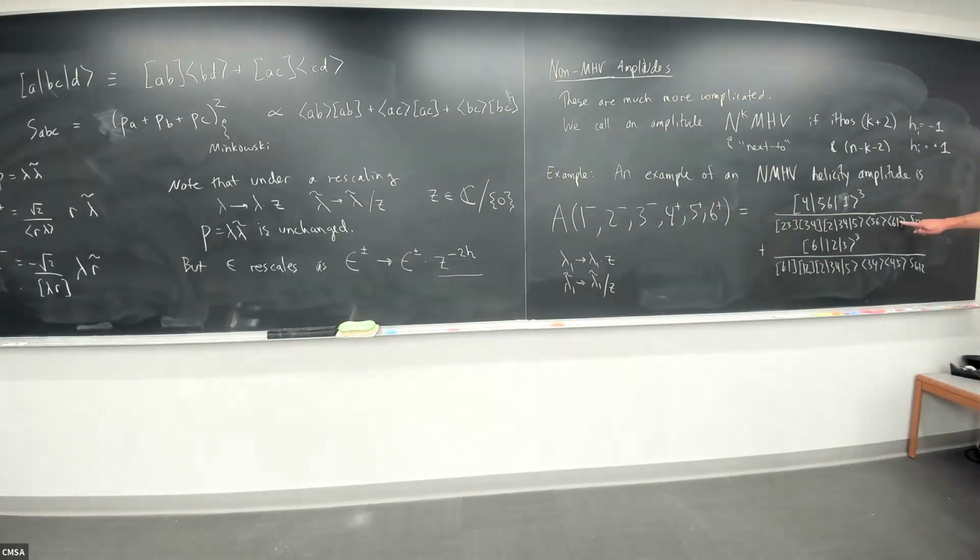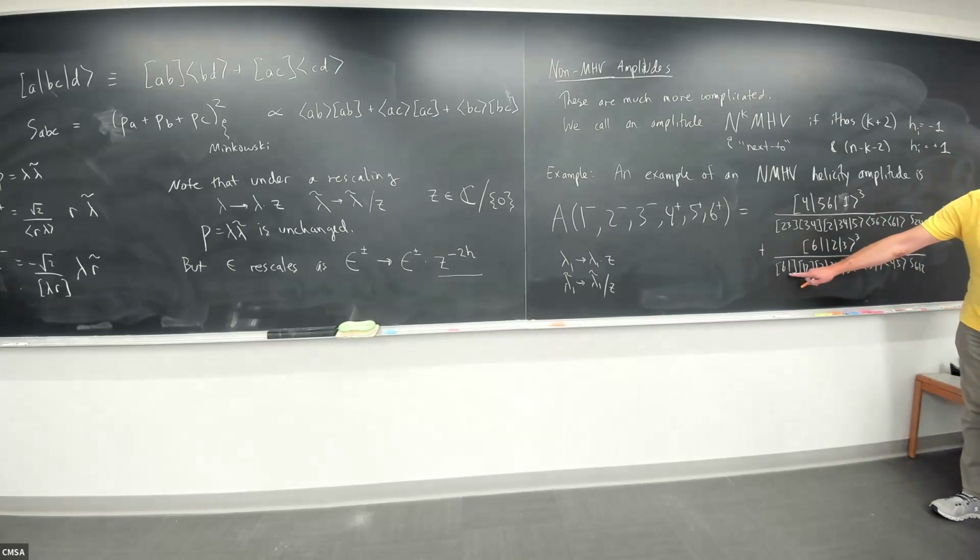Here I've got one factor of 1 in the denominator and 2 in the numerator. So this term will scale as z squared. And here, where is 1 appearing? I've got 2 powers of 1 over z in the denominator. That's 1 power of z in the numerator.